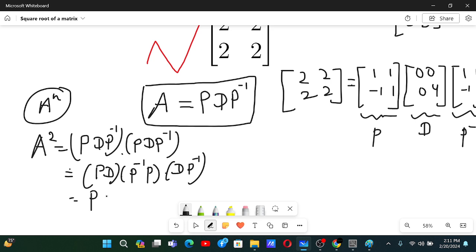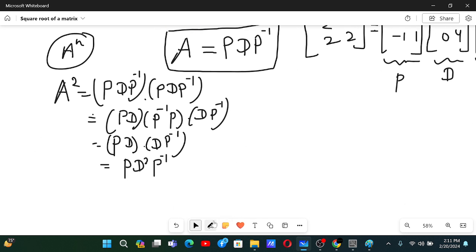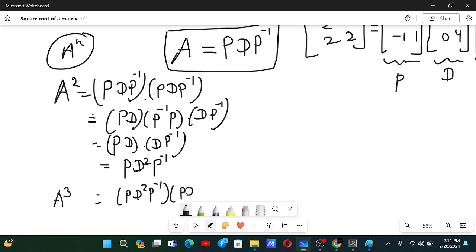So this is PD times D P inverse. Again using associativity, we can merge D and D. That gives us P D squared P inverse. Similarly, if you want to find A cubed, we merge P D squared P inverse with A again, P D P inverse, and that gives us P D cubed P inverse.